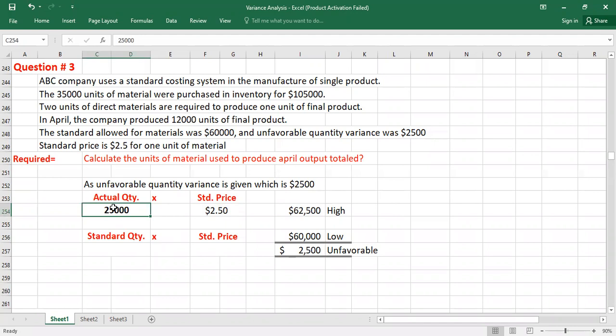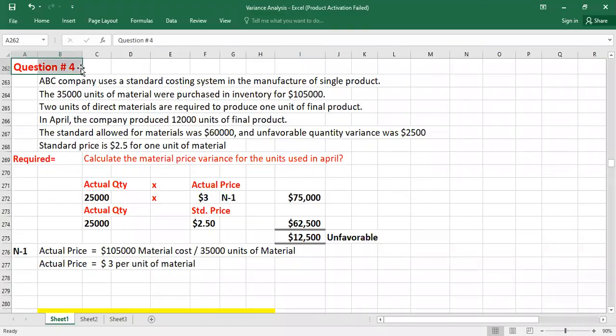Now I'm going to use the same data to calculate the price variance. This is question number 4, and now we are going to look at the price variance. The company is manufacturing a single product, and they purchased 35,000 units of material for the cost of $105,000. This is the actual data.